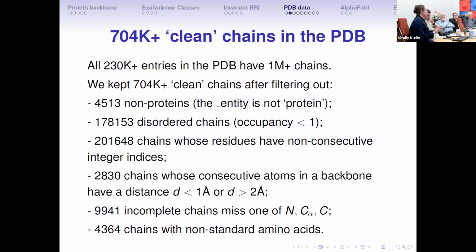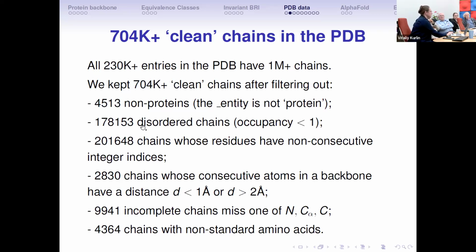So we started with just the entries, 230K. If we look inside the entries and separate them into chains, then there will be more than that, obviously. And we cleaned the chains by filtering out some of the ones that we didn't like, for example, with very small distances between atoms, which probably means atomic clashes, or very large distances.